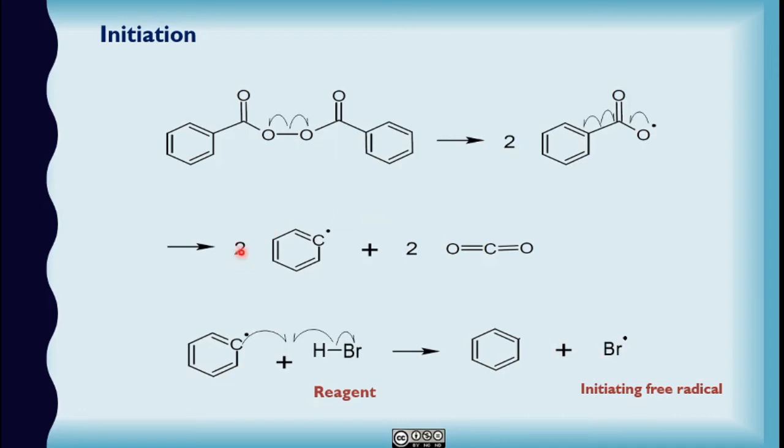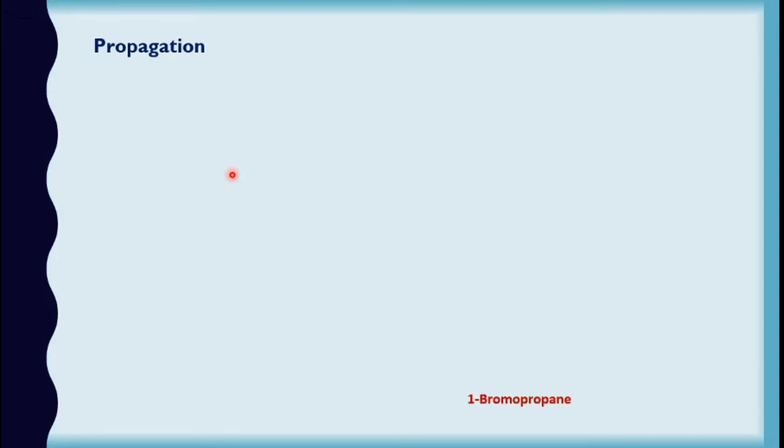As you have seen, the peroxides decompose into a radical, and this radical gives rise to initiating free radicals by reacting with your reagent. Next step, let's see the propagation. In the earlier step, we have seen that the bromine radical is formed.